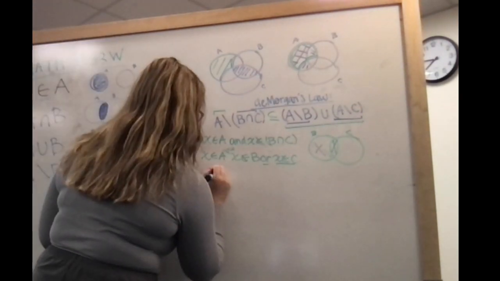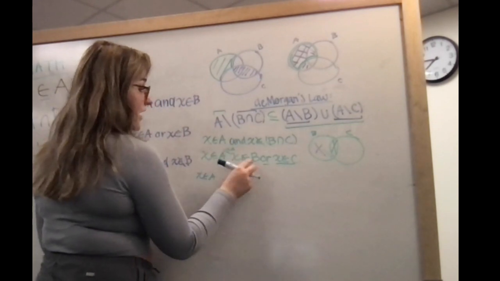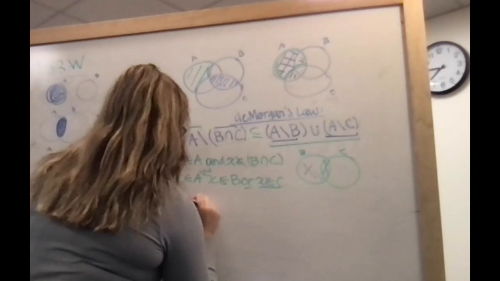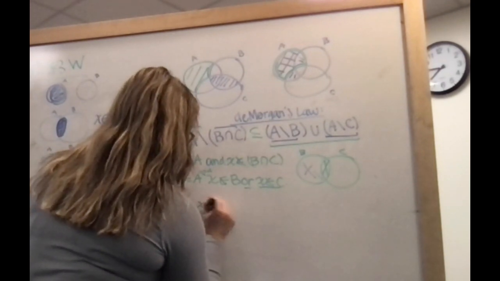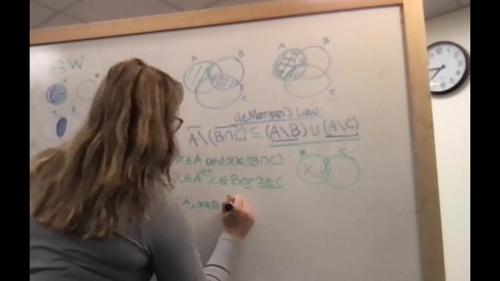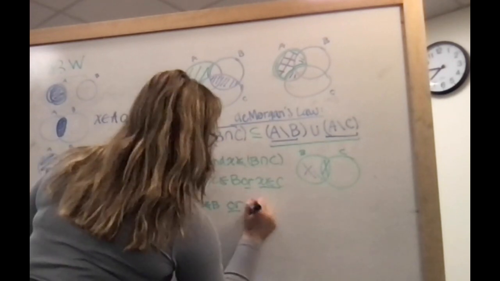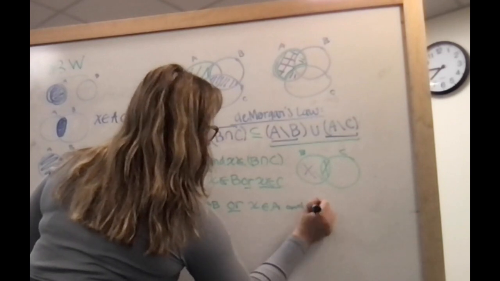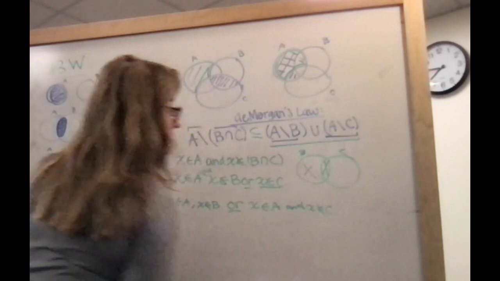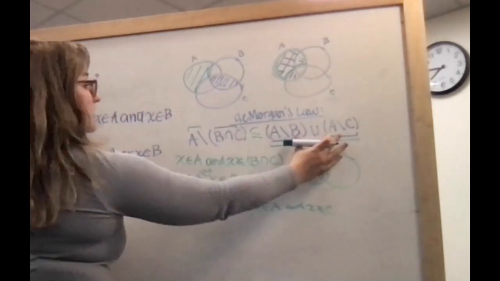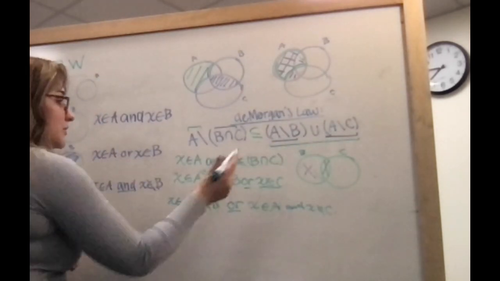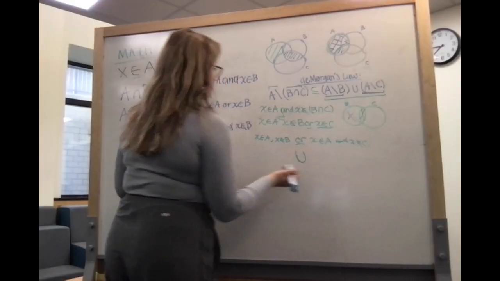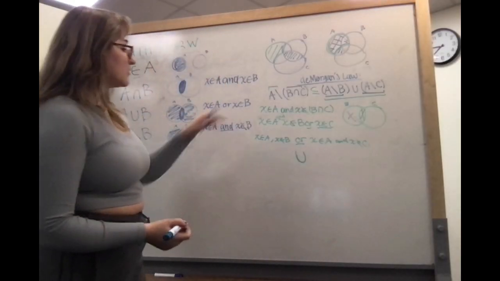So, because x is an element of A, and either of these two things can be true: x exists in A and x does not exist in B, or x exists in A and x does not exist within C. And now we've gotten pretty close to the right-hand side here. We can just rewrite this using our definitions over here. We know that means our union, as we kind of drew out over here.